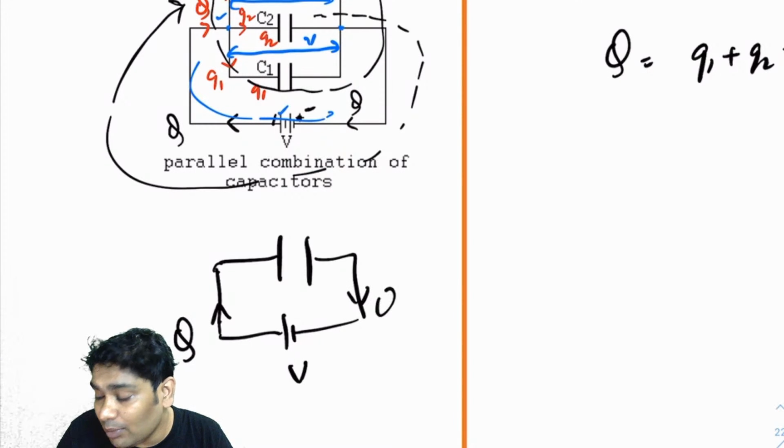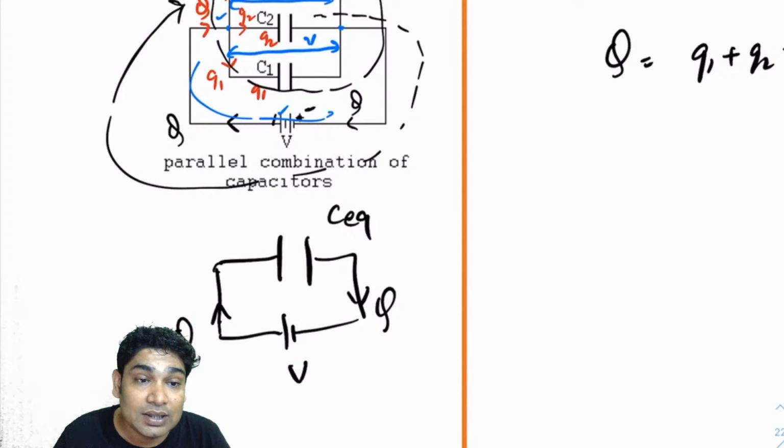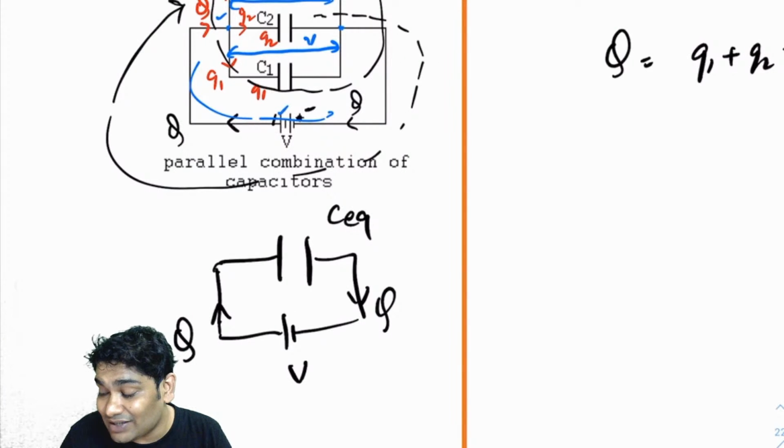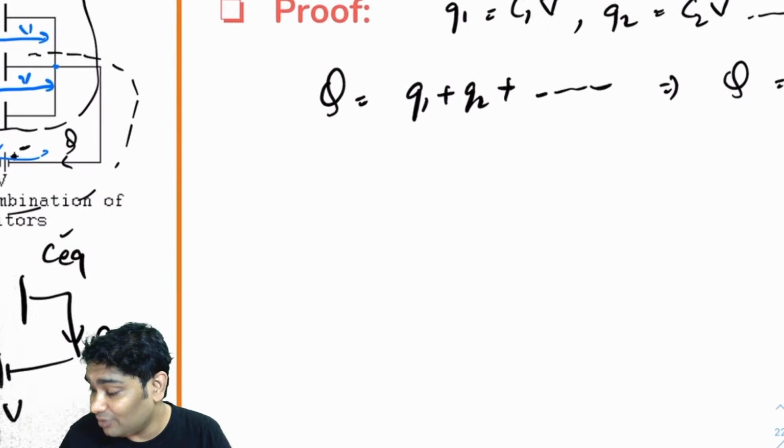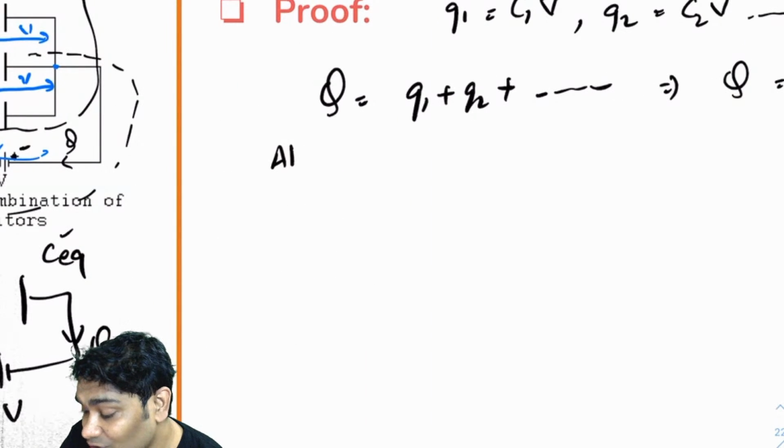If it draws the same amount of charge, then I can say this has the same effect as this entire setup. So then I can call this the equivalent capacitance of this setup. Alright, so let's see what we find from the equivalent circuit.